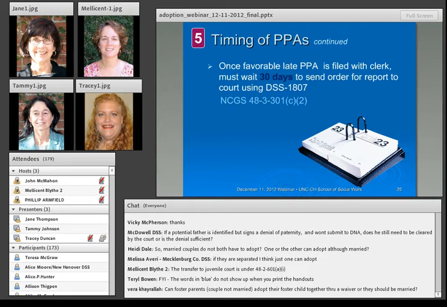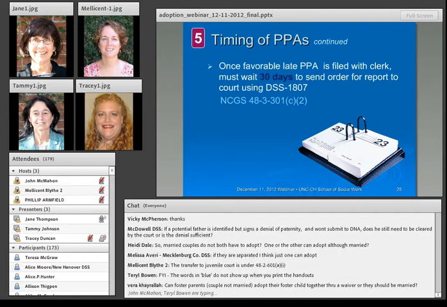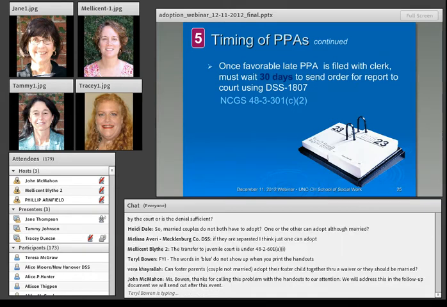Certainly, however, as Tammy pointed out, you may take the paper and then say, well, it's obviously not complete. We've got a lot of other things that have to come in before we can finalize. Taking the paper and filing it doesn't mean you're going to finalize. But these late PPAs are not going to happen in agency adoptions because DSS cannot place without an approved pre-placement assessment.